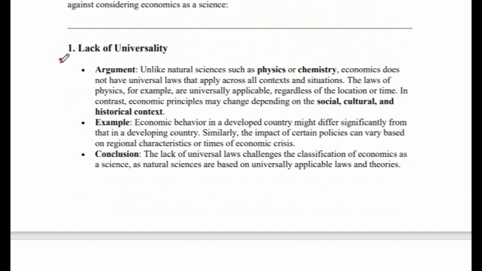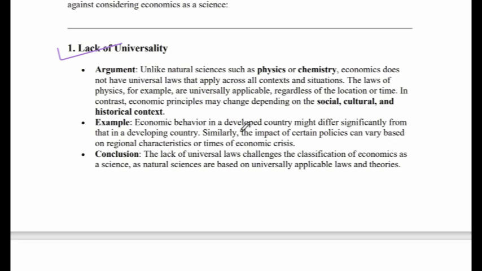Lack of universality. Unlike natural sciences such as physics or chemistry, economics does not have universal laws that apply across all contexts and situations. The laws of physics, for example, are universally applicable, regardless of the location or time. In contrast, economic principles may change depending on the social, cultural, and historical context.